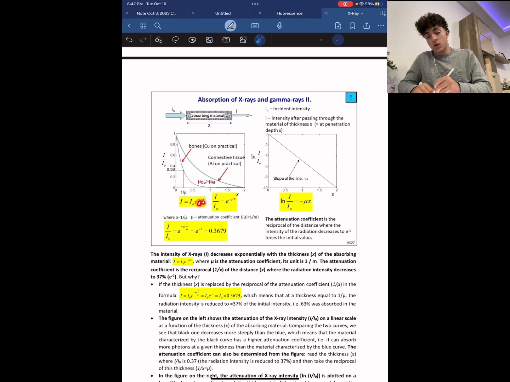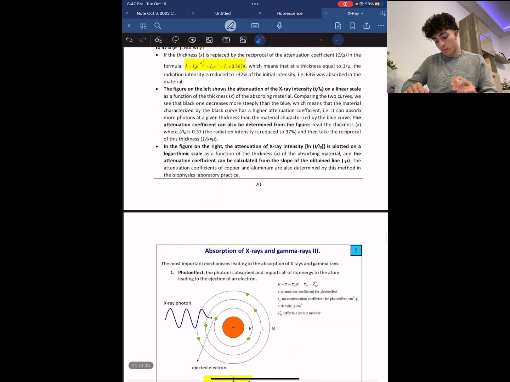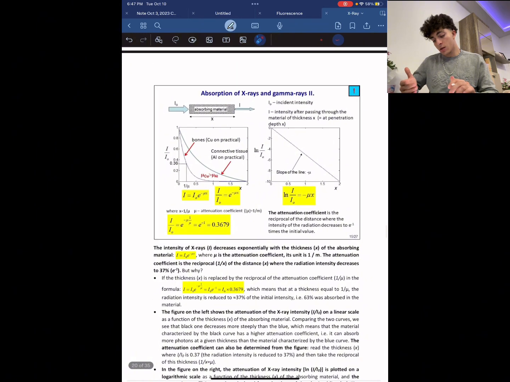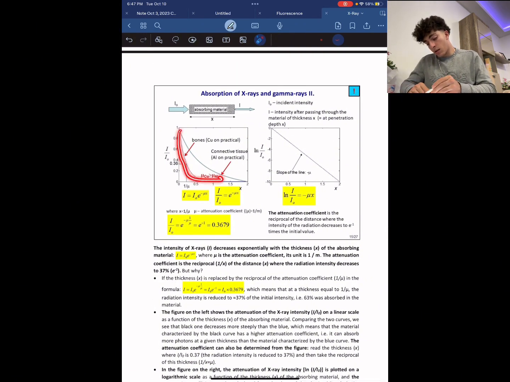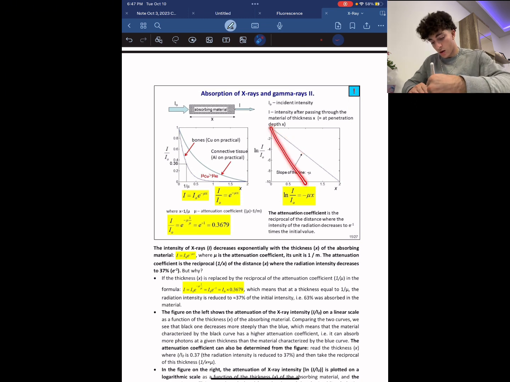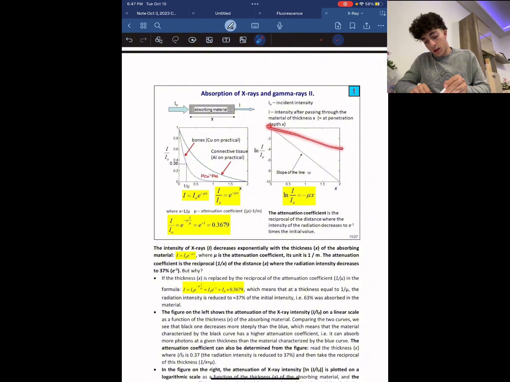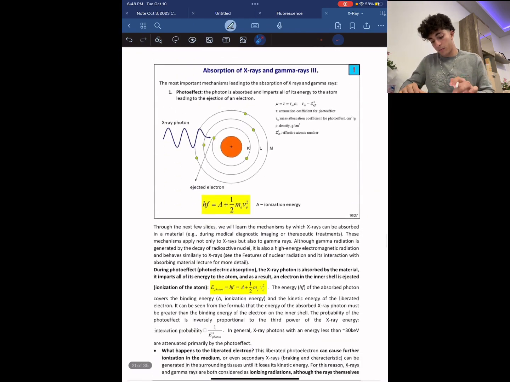Mu is the attenuation coefficient and x is thickness. Okay? But pretty much the only thing you need to know here is that if you have a higher attenuation coefficient, you have a steeper line than a less steep line. And if, for example, bone was here, then in less thickness it'd be stronger than, for example, this, which would be connective tissue.